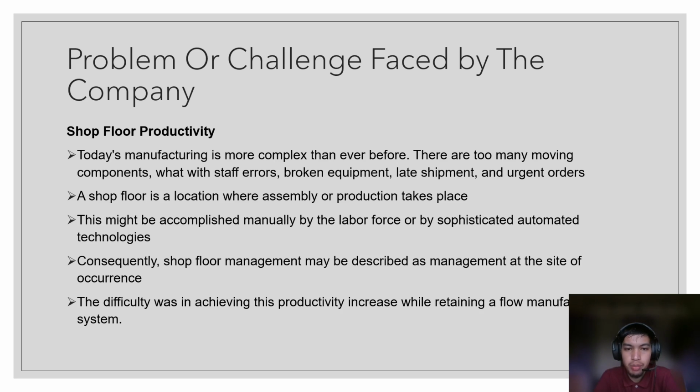This might be accomplished manually by the labor force or by sophisticated automated technologies. Consequently, shop floor management may be described as management at the site of occurrence. The difficulty was in achieving this productivity increase while retaining a flexible manufacturing system.